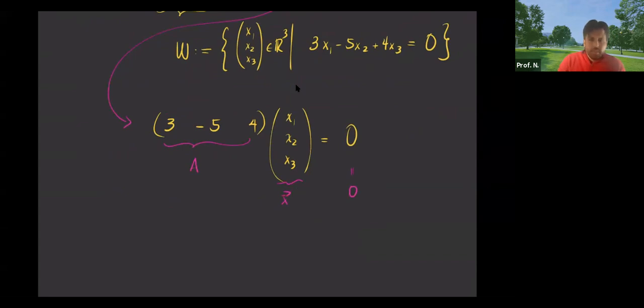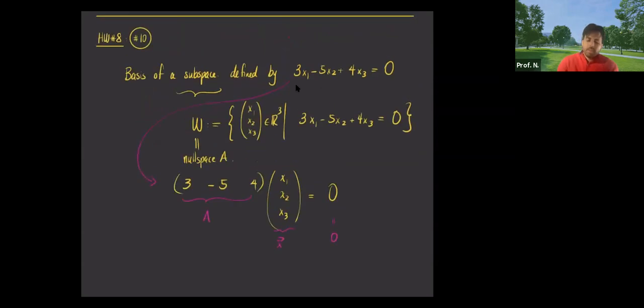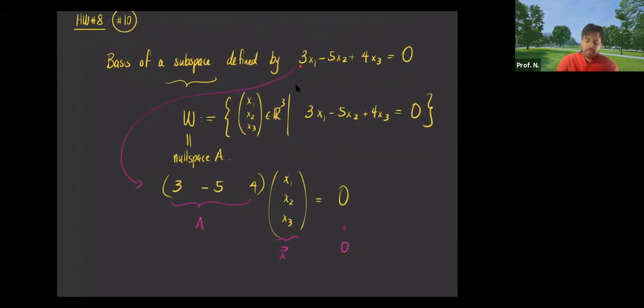So what are you really looking for then? What is W? W, this subspace, is really the null space of A. Do you see that? We're dealing with the null space because we have one single equation, but with 3 variables.